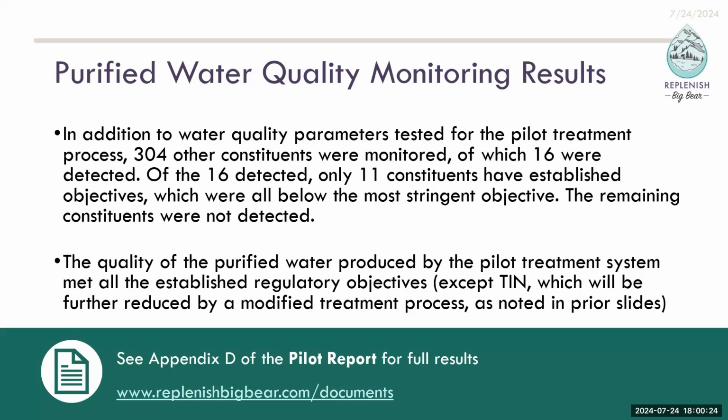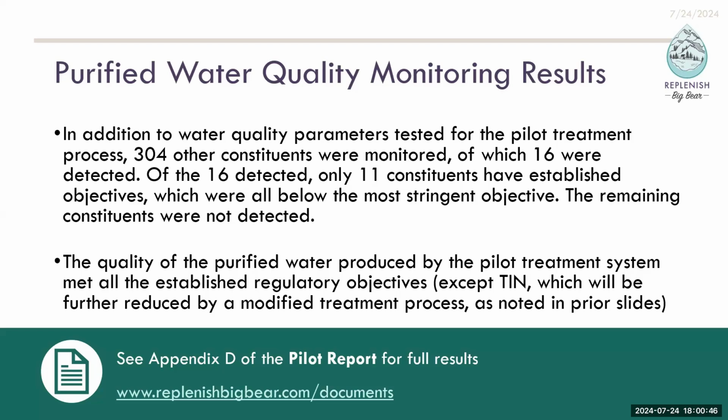For some additional purified water quality monitoring from what we presented here, and that's captured in the bulk of the pilot report, we tested 304 other constituents, of which 16 were detected, and of the 16 detected, only 11 constituents have established objectives.